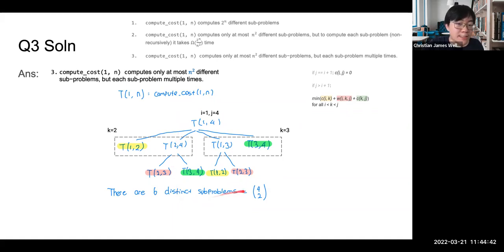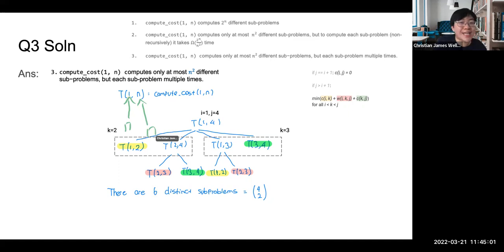And the total number of sub-problems is actually n choose 2. But in case you don't want to think too far about n choose 2, just think of it as this T, the first parameter has n possible choices, and the other one has n possible choices.